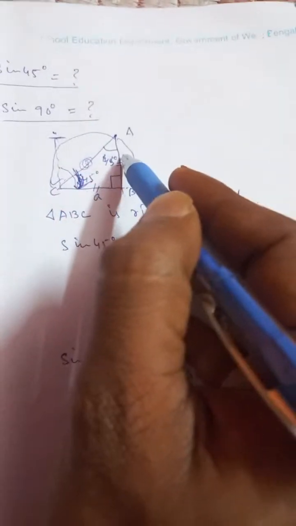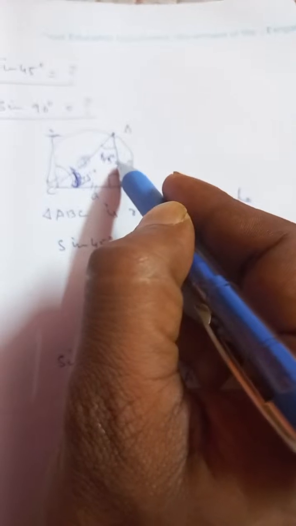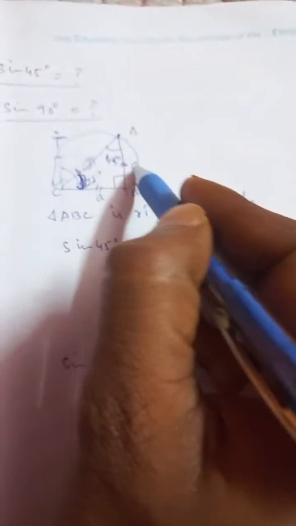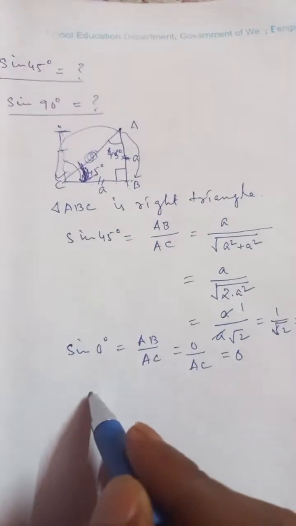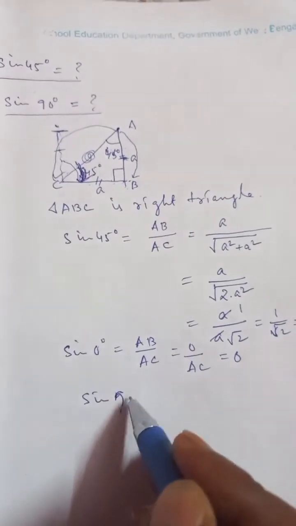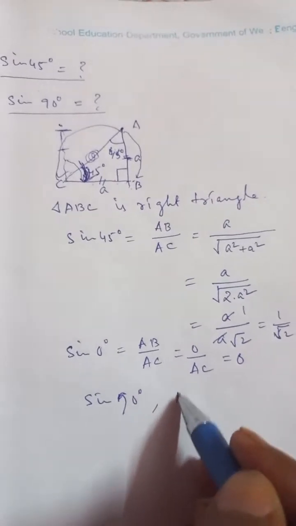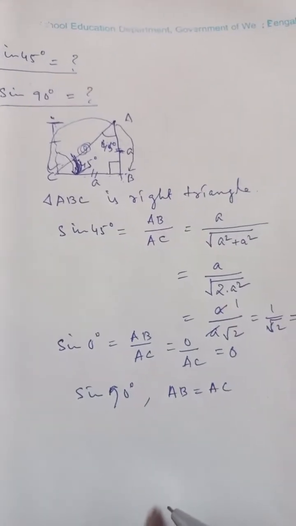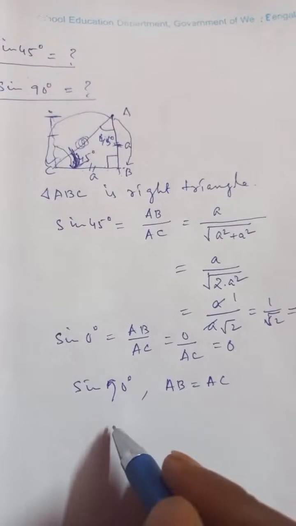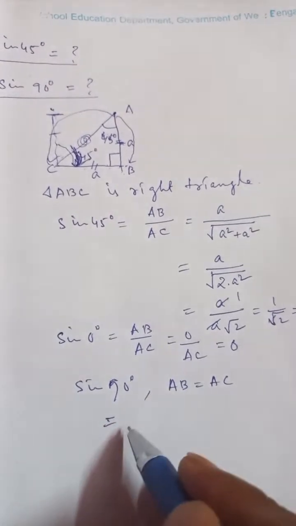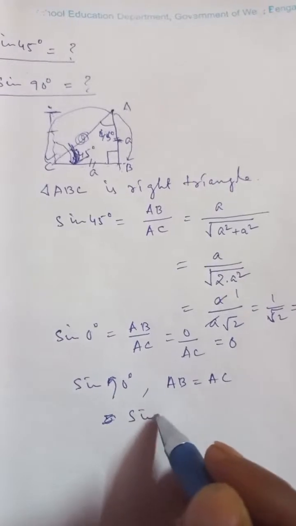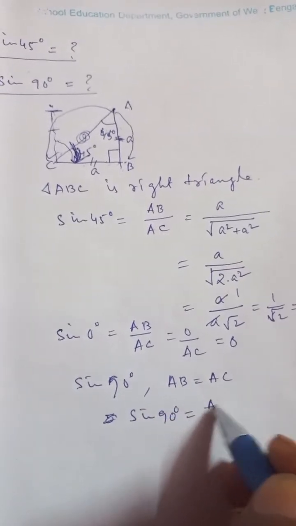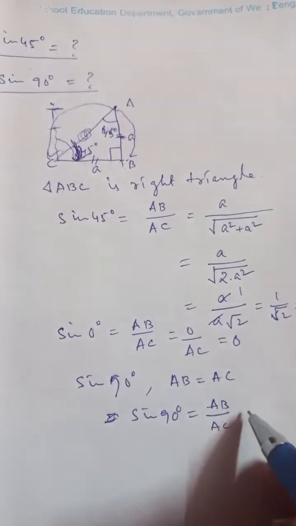When this 45 degree becomes 90 degrees, the hypotenuse becomes equal to this height. So hypotenuse and height become equal. So for sin 90 degrees, we will get AB is equal to AC. And we will get here sin 90 degrees is equal to AB by AC, which is equal to 1.